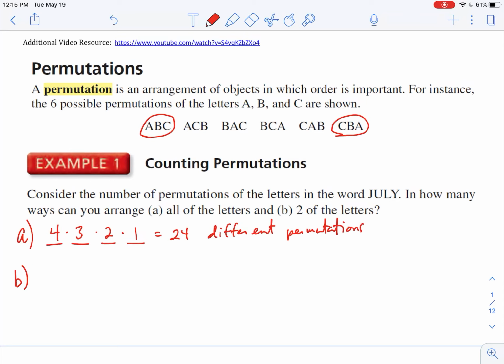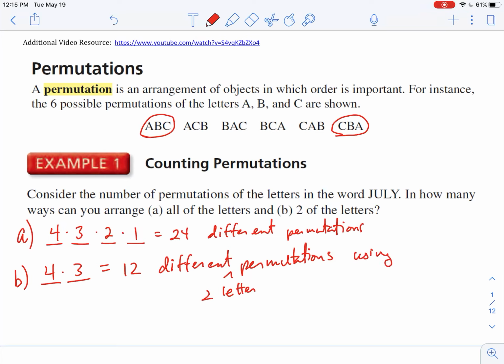So we're really looking at a 2-positioned object, and we have 4 choices for the first spot and 3 choices for the second spot. So we actually have half as many. There are 12 different 2-letter permutations using J, U, L, and Y.